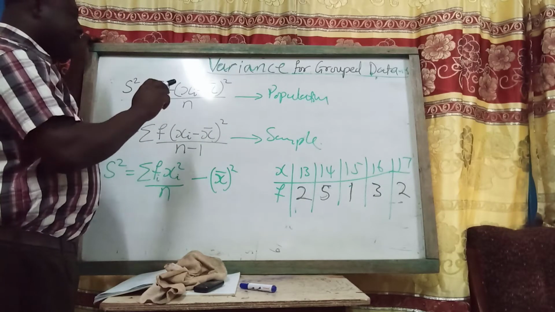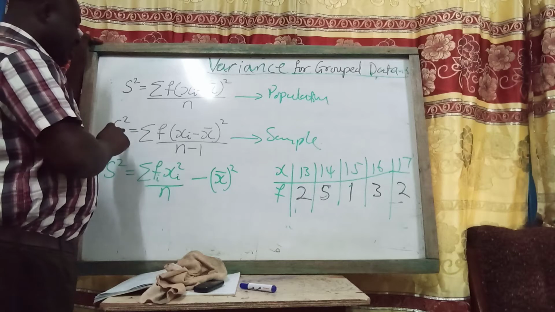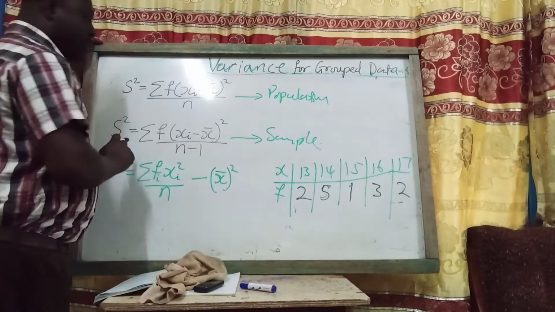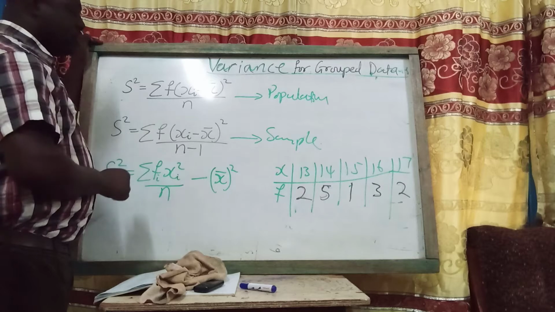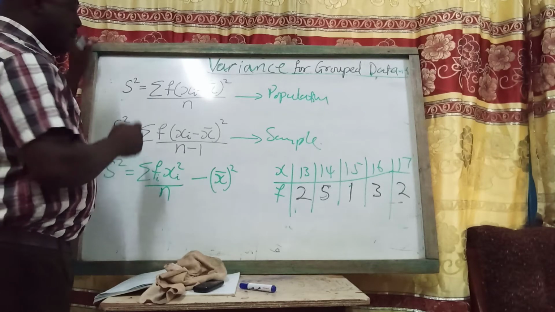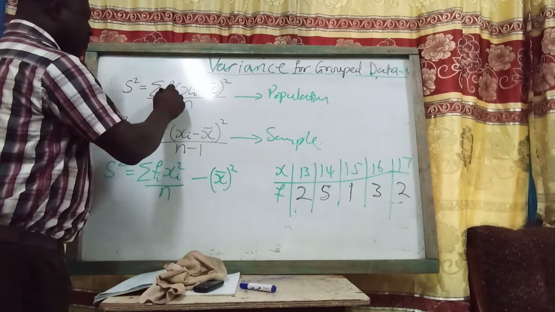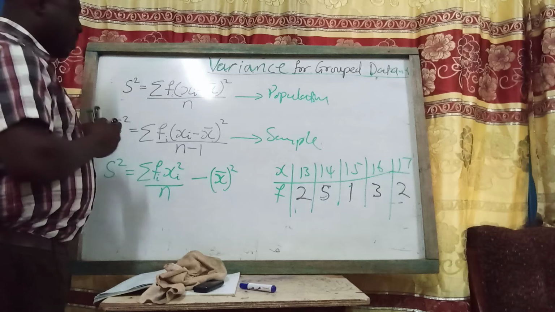But if it is sample variance, then it goes by this formula, where it's only f, the frequency, that has been attached to the old formula. That is it.